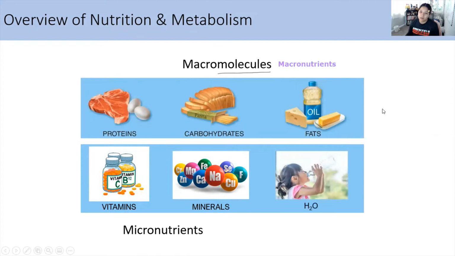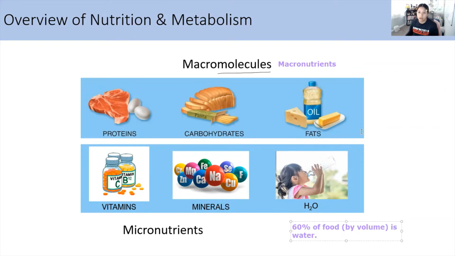Now, water is really important to mention too, because by volume, water makes up about 60% of our food. However, we're not going to focus on that for this lecture.